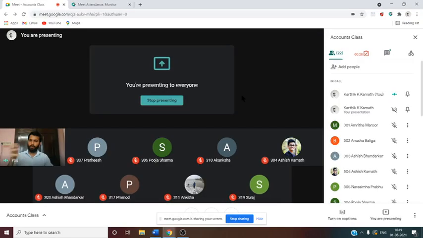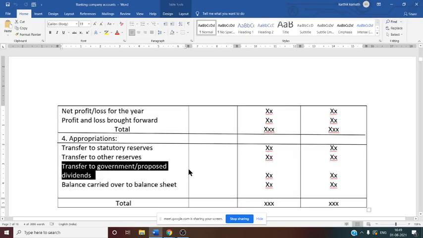So how to get the proposed dividend amount? First you see the paid up capital, or the share capital, then you calculate the percentage on that. Suppose the proposed dividend percentage is 10% or 15%, you take that on the share capital or paid up capital. You will get the proposed dividend answer, which you can enter here.